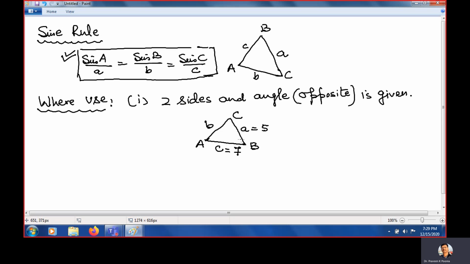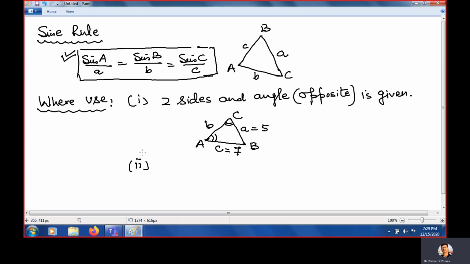Clear? So if the angle in between is given, we cannot use the sine rule, because he is saying two sides and the angle opposite. In-between angle he is not talking about. That means either this angle is given or this angle is given. Then we can use the sine rule. Two sides and an opposite angle, not between. The in-between case is not possible. Okay, this is one.